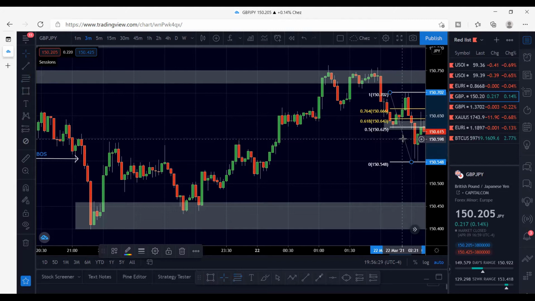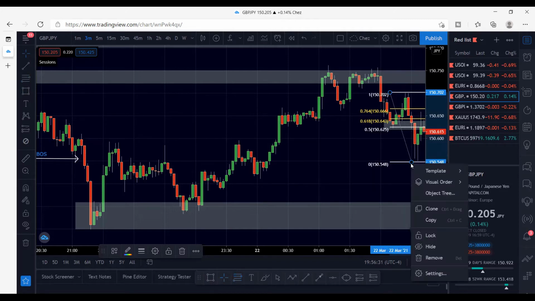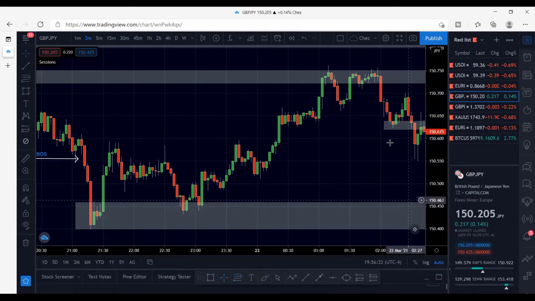So it's a little bit more confidence there, I guess. So let's remove that. Okay, so we're going to take this trade right here, and we're going to put a stop loss here, and I would take profit maybe right there for maybe a 2-to-1 kind of thing, right? And then we're going to let the rest run.